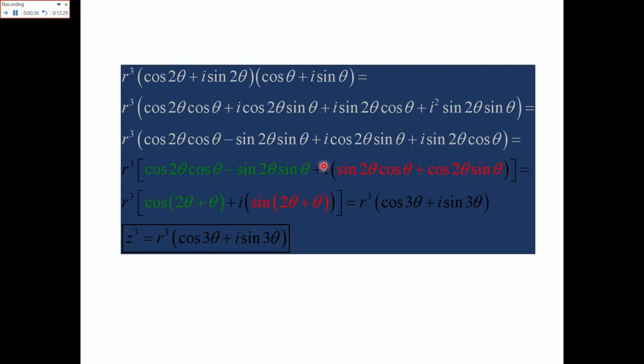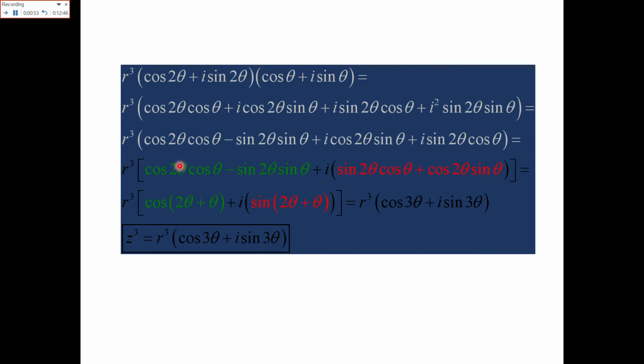Here we can say that this is r cube (cos 2 theta cos theta minus sin 2 theta sin theta plus iota (sin 2 theta cos theta plus cos 2 theta sin theta)).